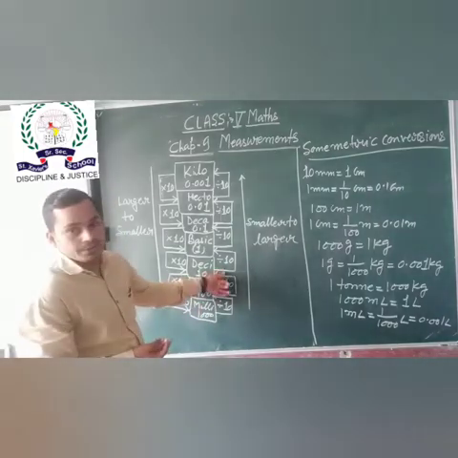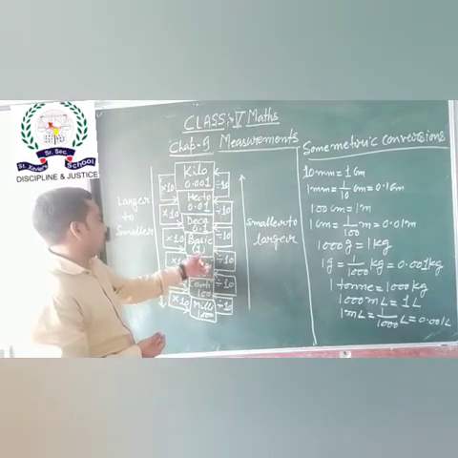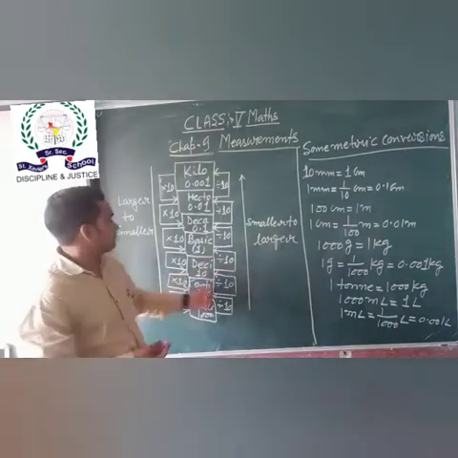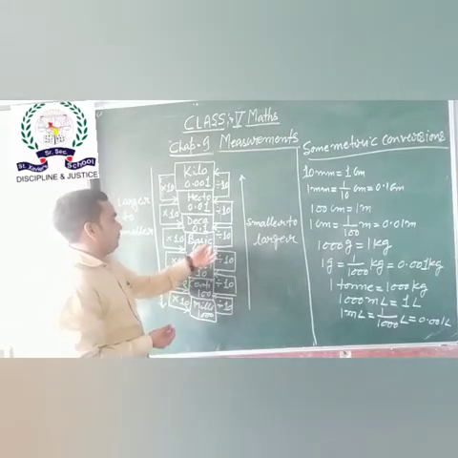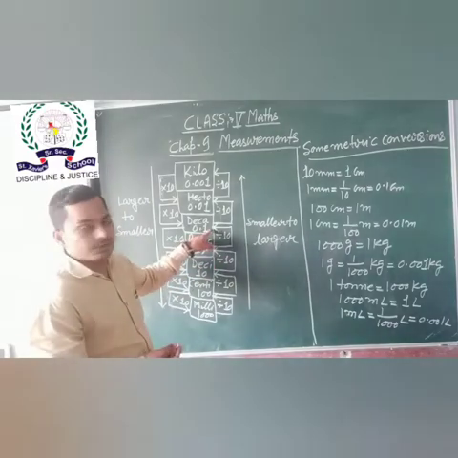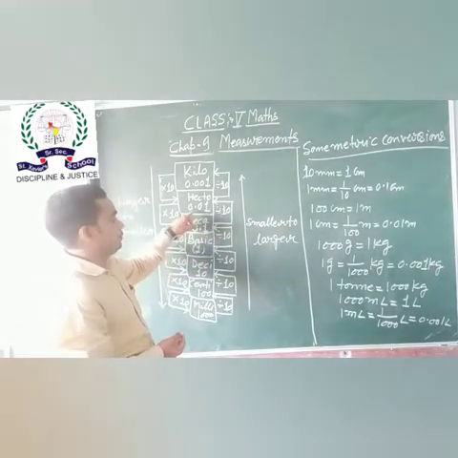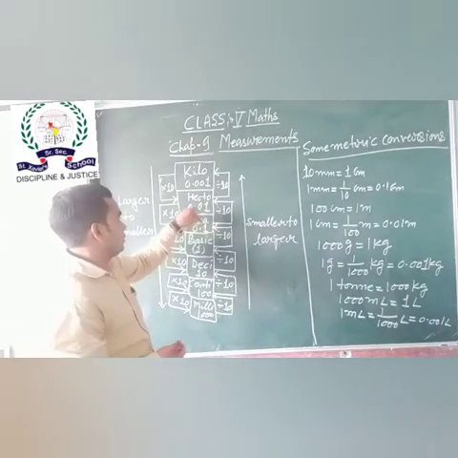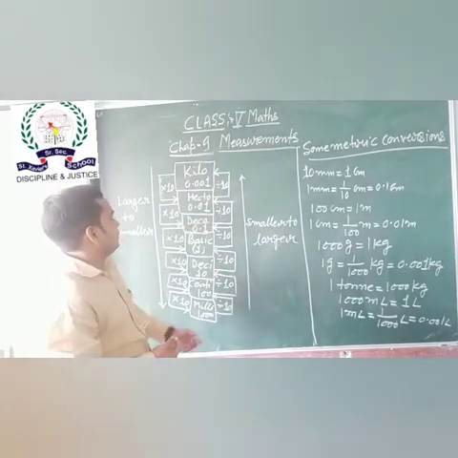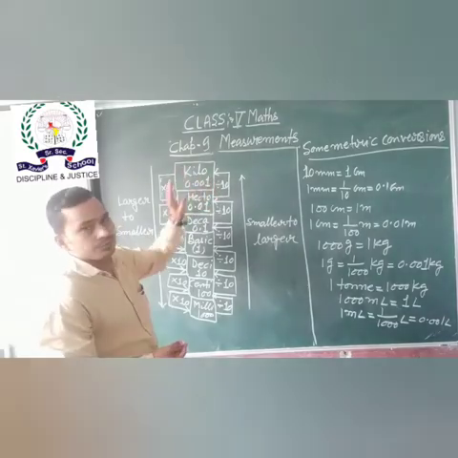Again we divide by 10, so we have deci, 10, and again divide by 10, so we have 1 as the basic unit. Again if we divide by 10, we have 0.1, that is deca. Then again divide by 10, we have 0.01, that is hecto. And again divide by 10, 0.001 kilo.